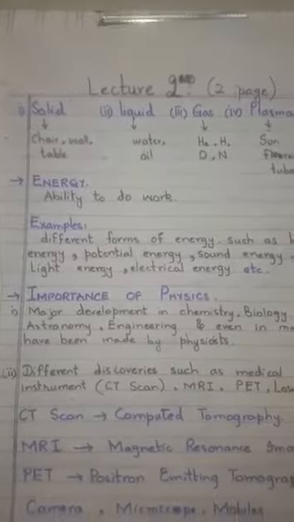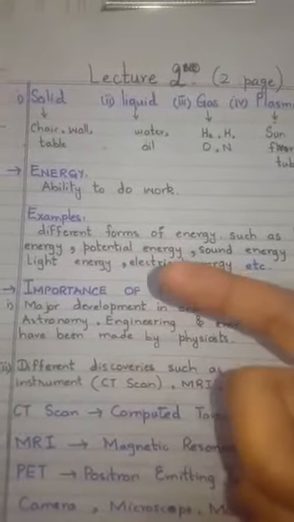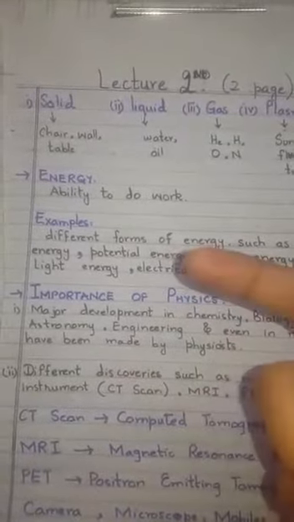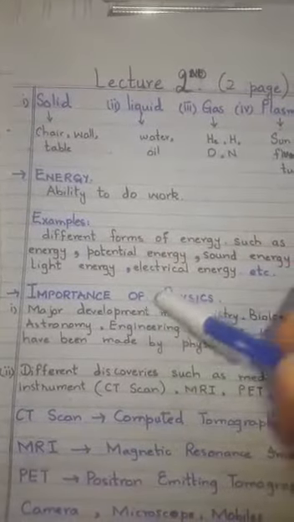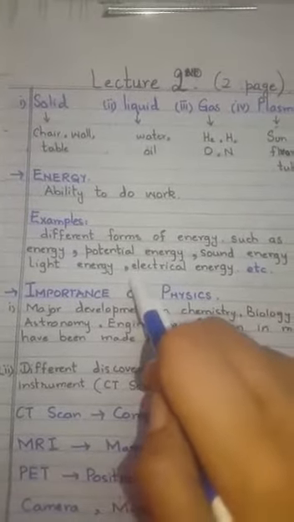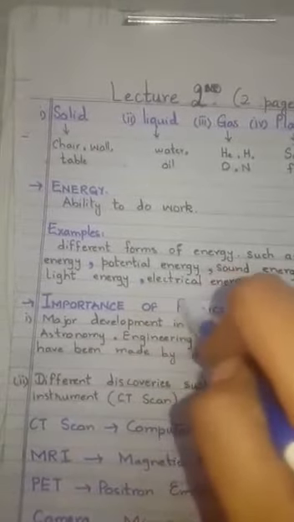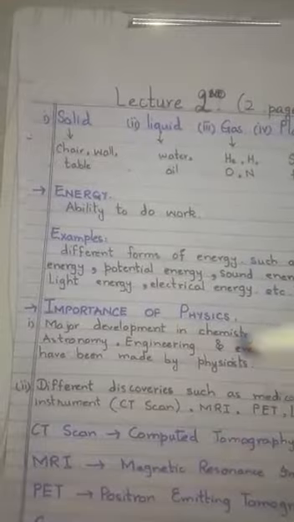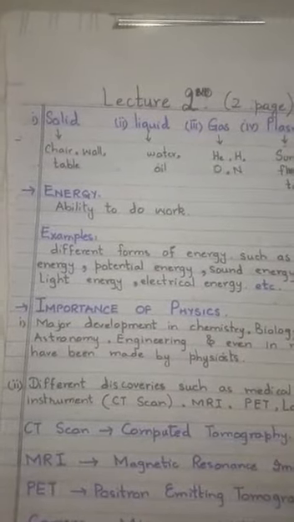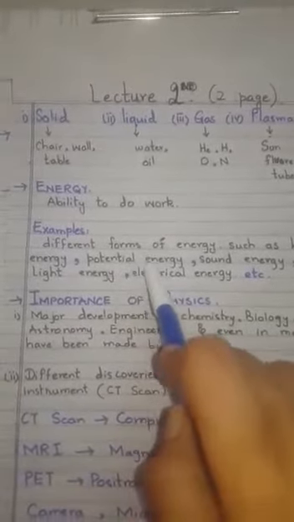If we take an example of elastic material, when we stretch or compress it, that object has elastic potential energy. Chemical potential energy, as its name indicates: if we take an example of the human body, different types of chemical reactions are carried out inside the human body, so chemical potential energy is also present in the human body.